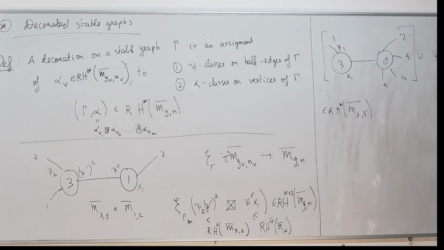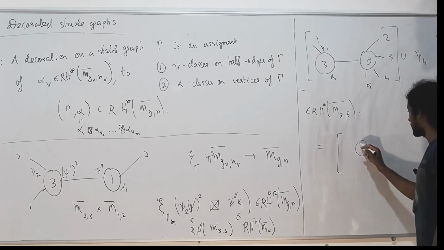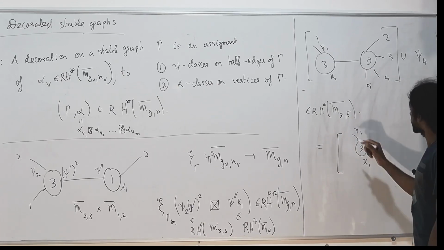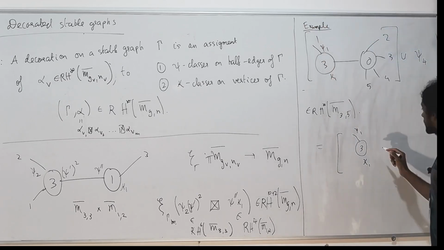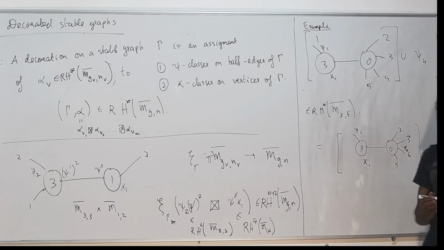Intersecting with a psi class is easy. It's actually just putting the psi class at that vertex. Example of intersections: 2, 3, 4, 5, and I just put a psi 4 at this vertex. In general, it's a bit more complicated, but not that much more.